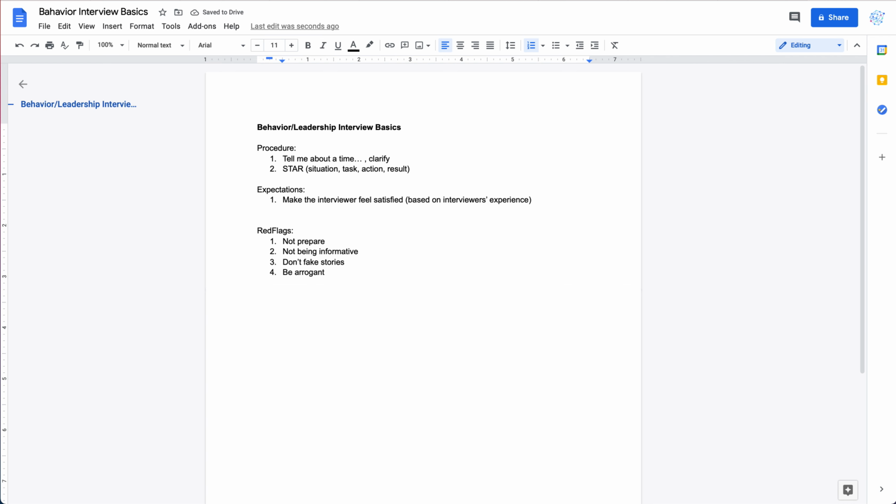And also, for different companies, for example, Amazon has 14 leadership principles, and each round of the interview will ask you some leadership questions. But for some other companies like Google and Facebook, there will be only one or two rounds of the interview focusing on the leadership principles or whatever.